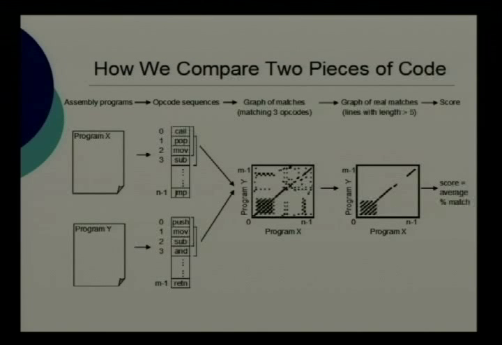The similarity score for two programs is the average of these two percentages. So if two programs are identical, we expect a score of 1. And the less similar two programs are, the closer the score is to 0.